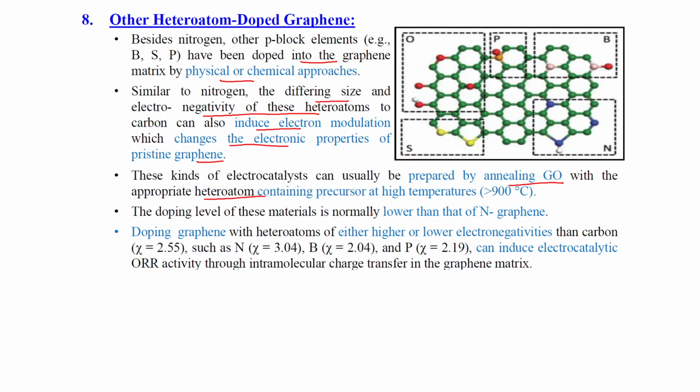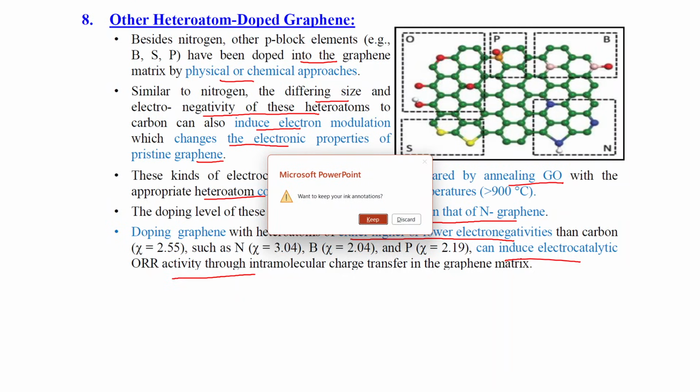Simply by annealing graphene oxide with the precursor of these heteroatoms, basically annealing them together, can dope graphene with these heteroatoms. The doping level of these materials is normally lower than that of the nitrogen doped, and doping graphene with heteroatoms of either higher or lower electronegativities than carbon can induce electrocatalytic activity through intramolecular charge transfer in the graphene matrix.